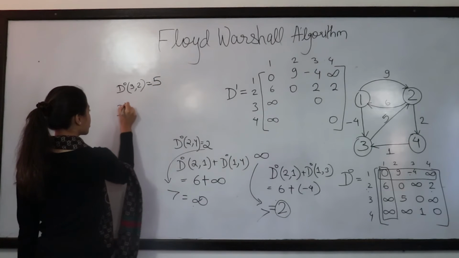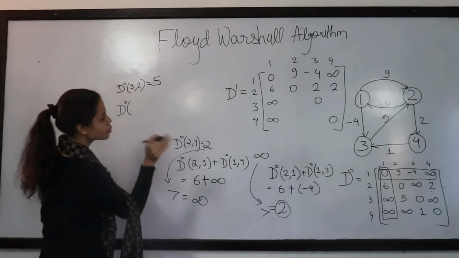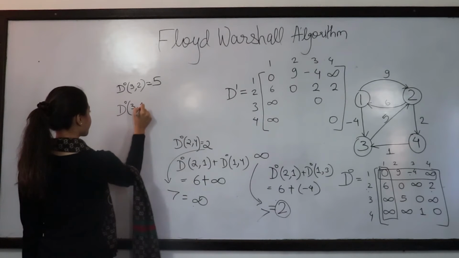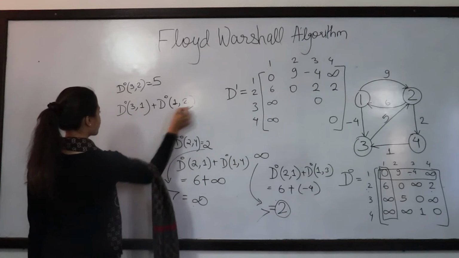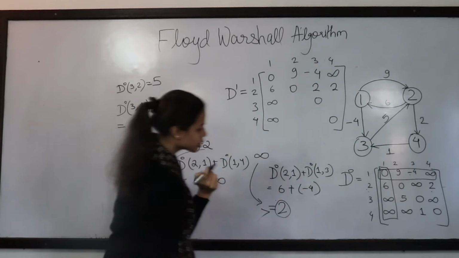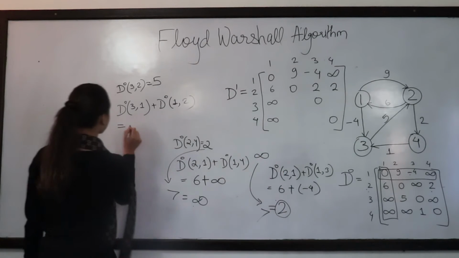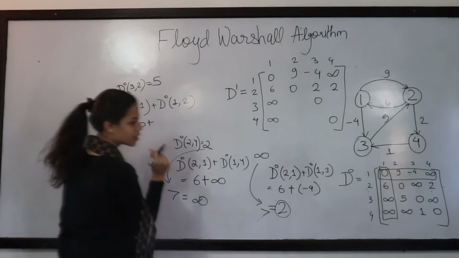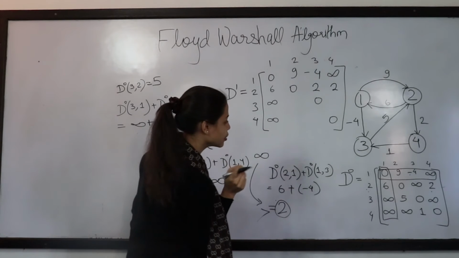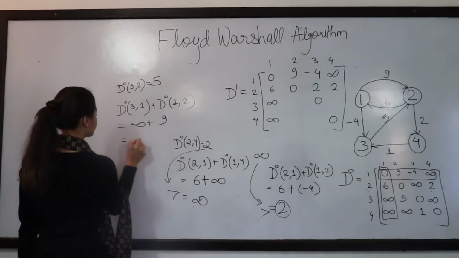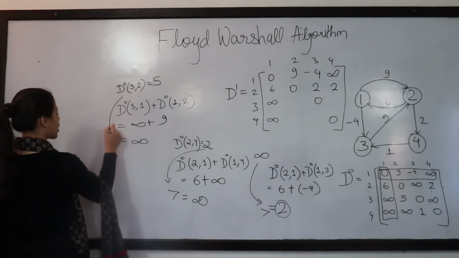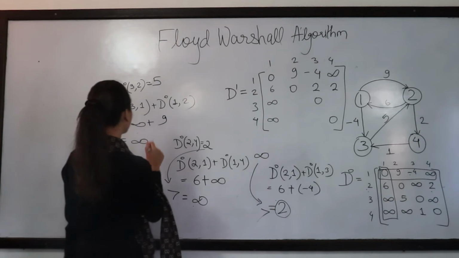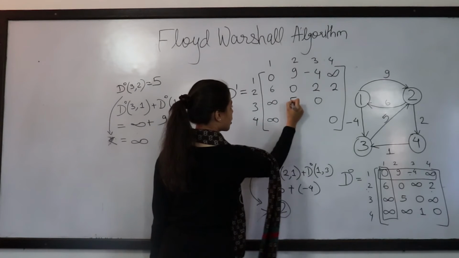Now 3 to 2 via 1 will be 3 to 1 plus 1 to 2, which gives us 3 to 1 infinity plus 1 to 2, which is infinity. This is greater than 5. So we do not update the value and keep it as it is.